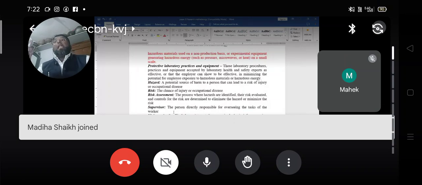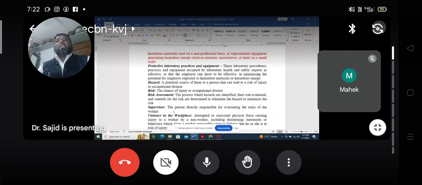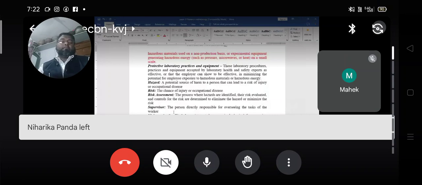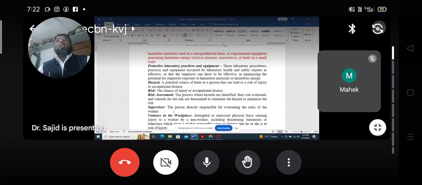Those laboratory procedures or practices which are accepted by the health and safety departments or experts as effective measures in minimizing the potential for employee exposure to hazardous material or hazardous energy. Protective laboratory practices and equipment are those facilities that are available in laboratories.